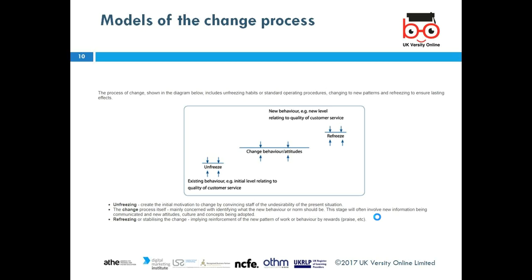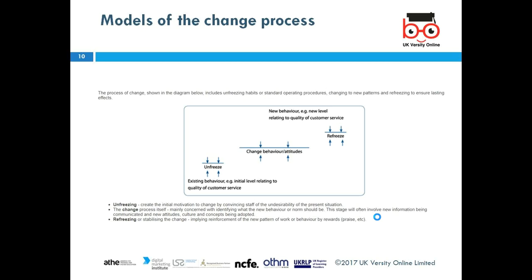Changing to the new pattern, refreezing to ensure it lasts, which we'll go through now. There are unfreeze, change, and refreeze. So he used three terminologies. New behavior, a new level relating to the quality of customer service, refreeze. Change behaviors and attitudes, unfreeze. Existing behaviors, the initial level relating to the quality of customer service.